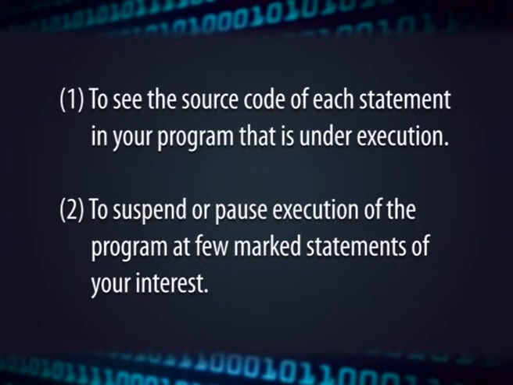Specifically, a debugger enables you first to see the source code of each statement in your program that is under execution. Second, it is possible for you to suspend or pause the execution of a program at a few marked statements of your interest.